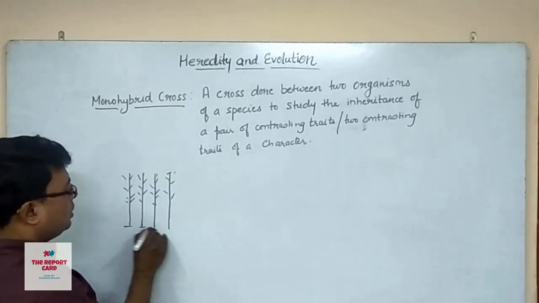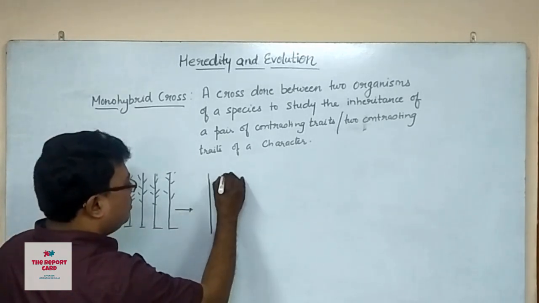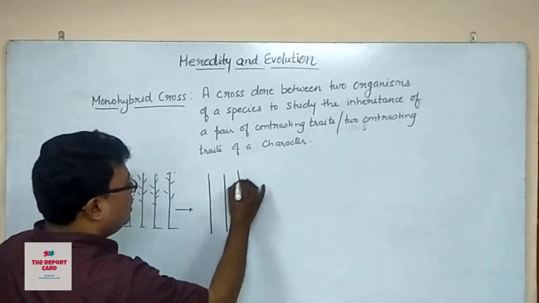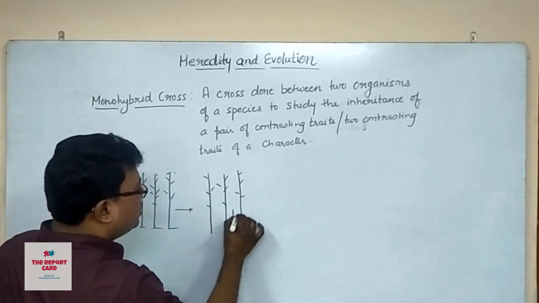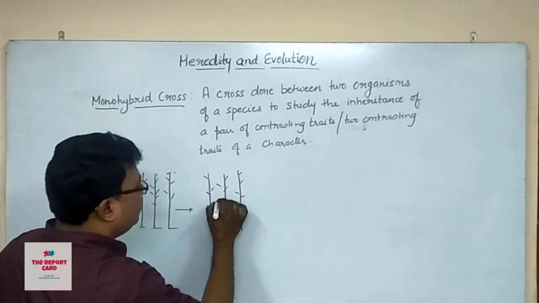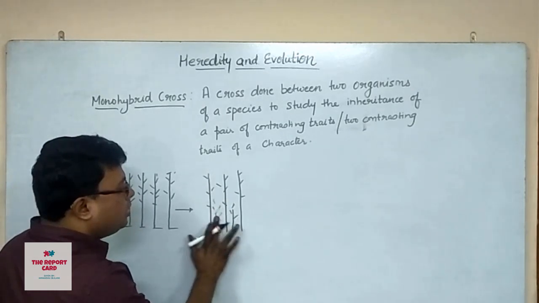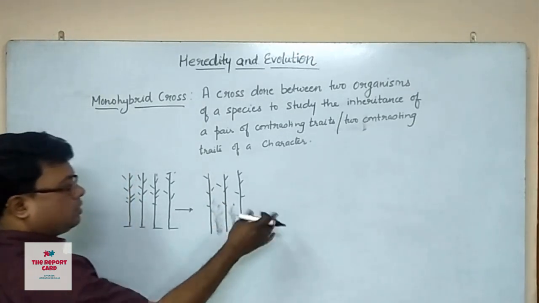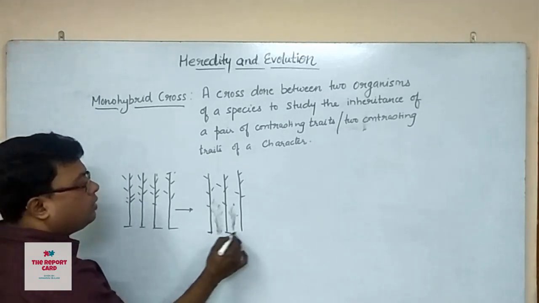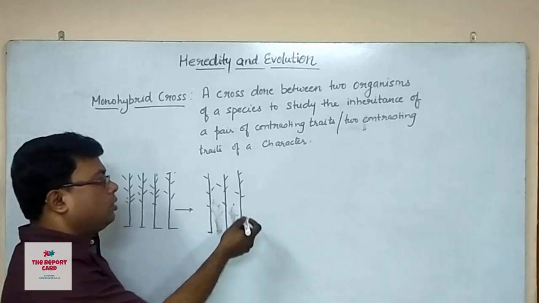After crossing, in the next generation he got some plants which were tall, and there were some short plants also in between. So what did he do? He removed these short plants, he segregated them, and then he took these tall plants and again self-crossed them.